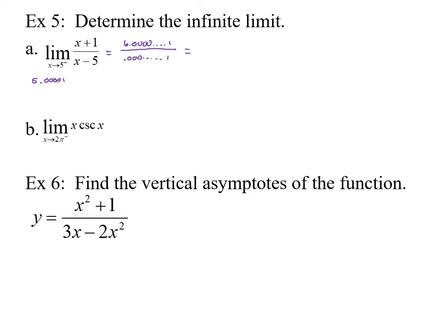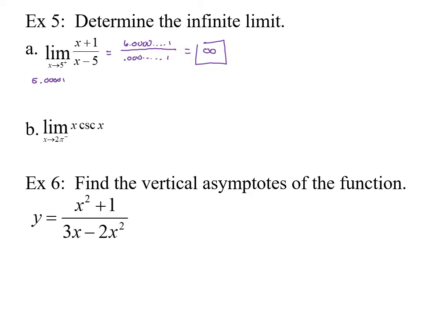The question is, what happens when you divide a positive number by an infinitely small positive number? Well, you end up exploding into infinity. It's kind of like if you were to divide by a really, really large number, you pretty much get 0, but if you divide by a really, really, really, really small number, you do get infinity.